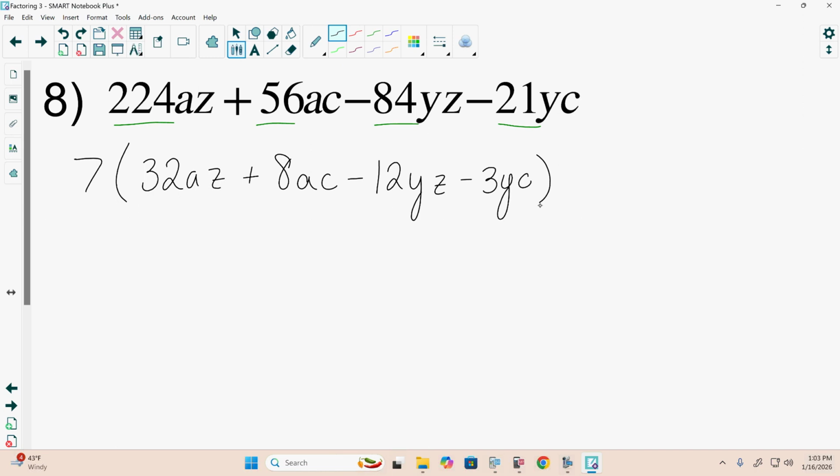Yes. So sometimes, especially when it goes with bigger numbers, let's see if there's a greatest common factor across all of it. Even if we didn't see this, we could get there eventually. We could pick the first two, 224 and 56, find the greatest common factor across those two, factor it out. And we could get there, but 32 and 8 is a lot nicer.